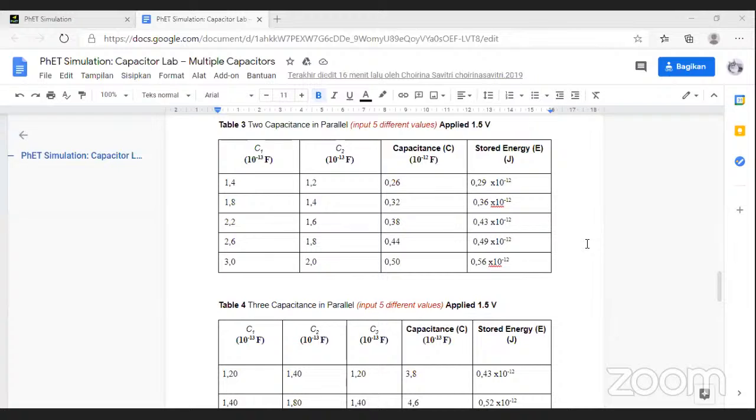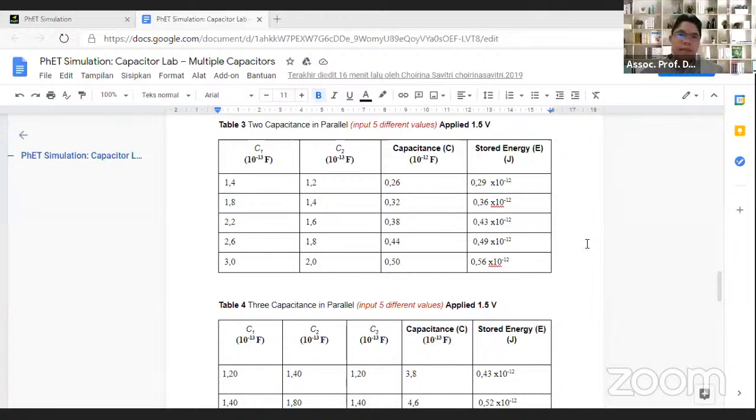Yes. So next, I would like to point out that for the total capacitance you use 10 to the power of minus 12, right? But when you connect C1 and C2 together, you use the unit of 10 to the power of minus 13.